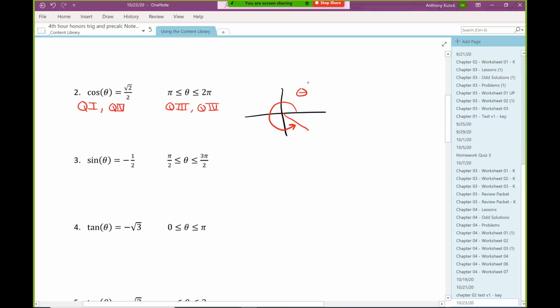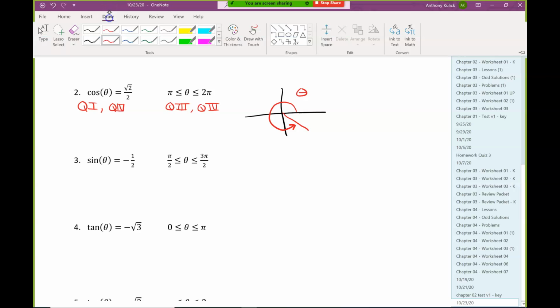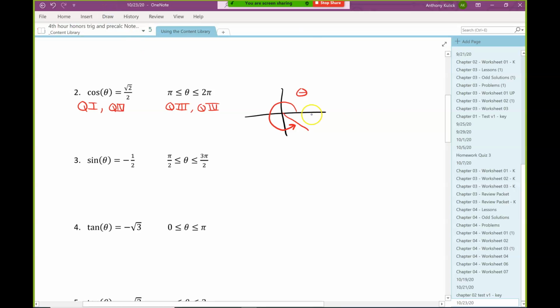So that's my angle that I'm looking for. Everybody okay with that? Okay. What I'm going to do now is rewrite this angle in terms of something that I can find. That's going to be this piece.